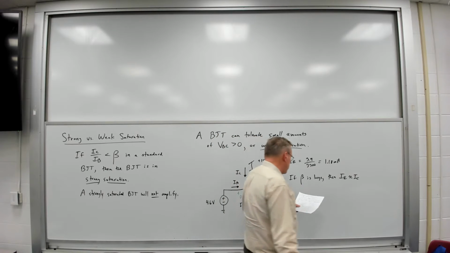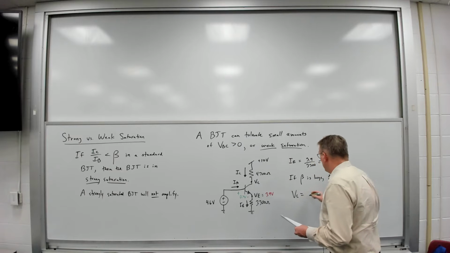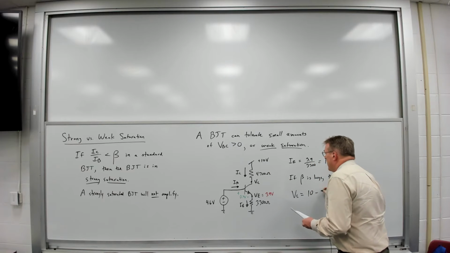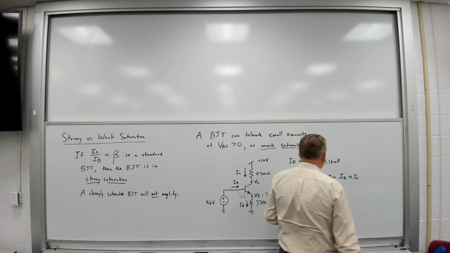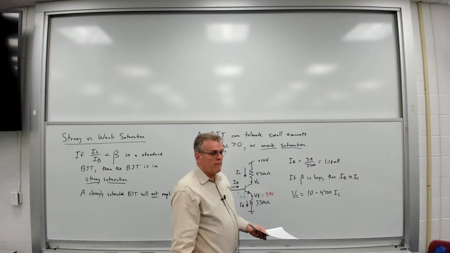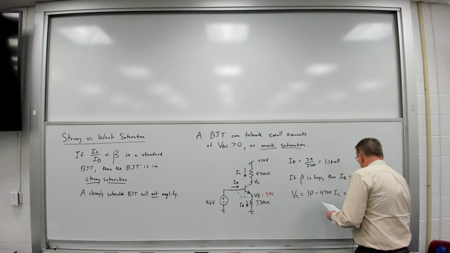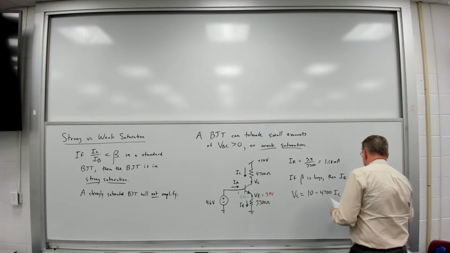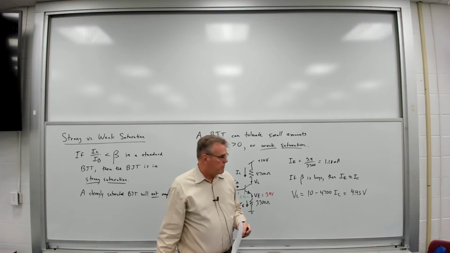And therefore VC is going to be equal to 10 minus 4,700 times IC, using the same values I got for IE, and then VC will be equal to 4.45 volts when I plug in the value for 1.18 milliamps.